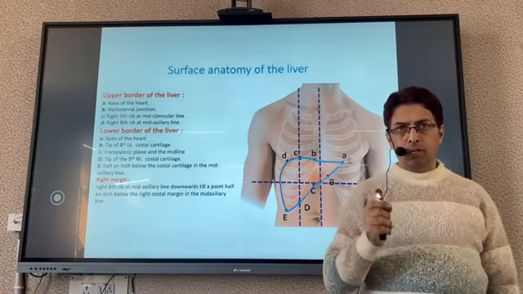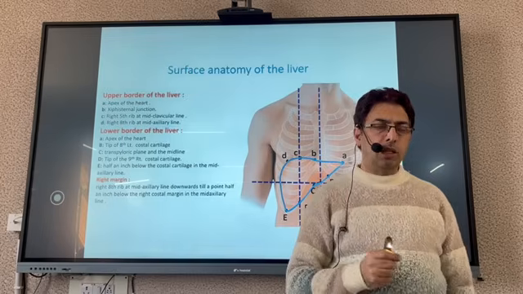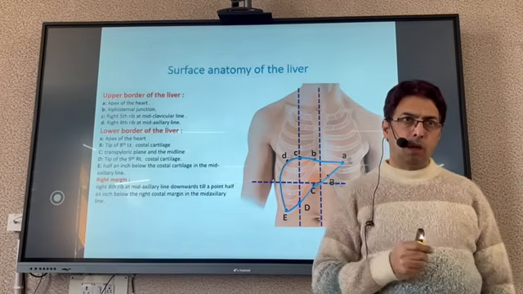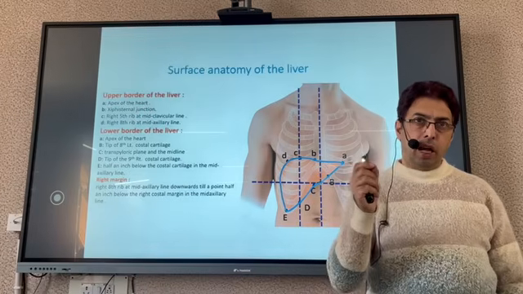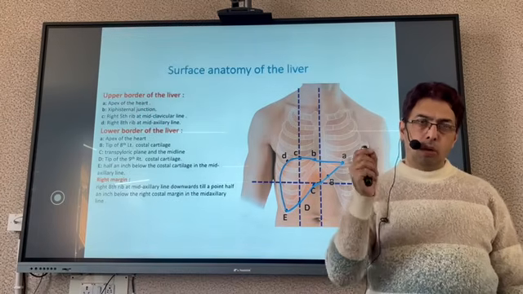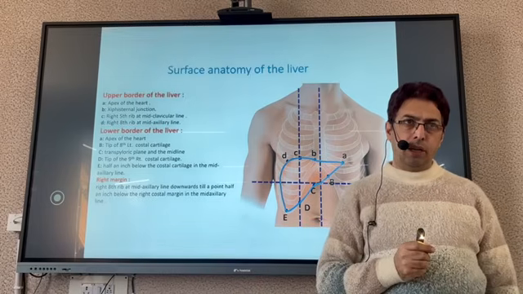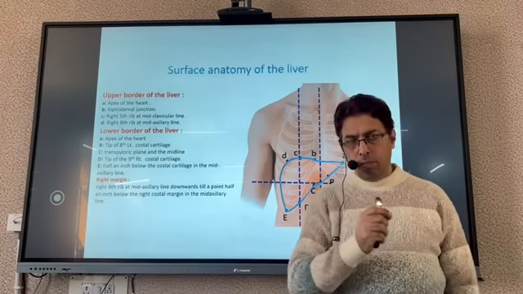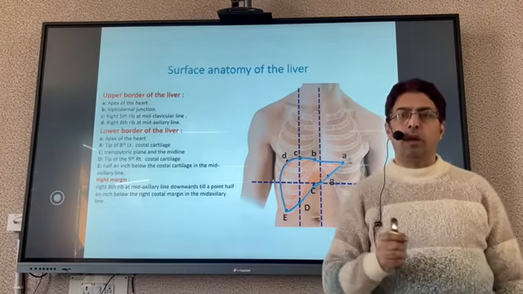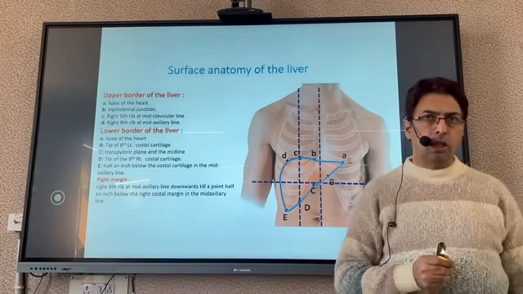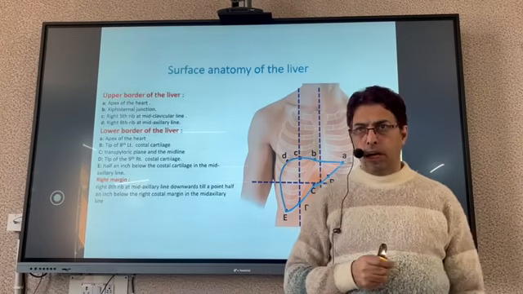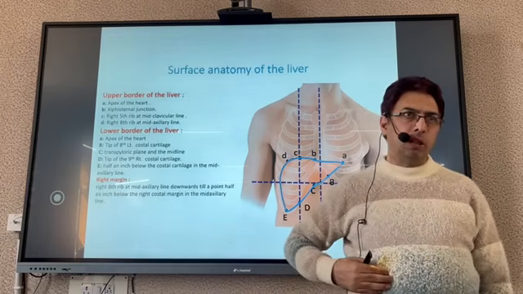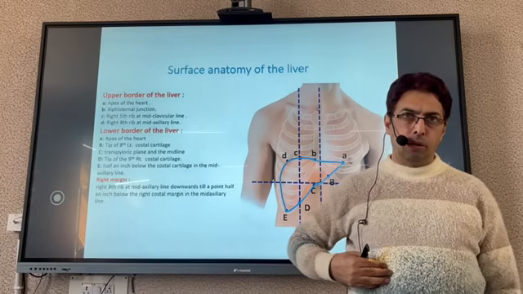The liver occupies usually a major part of the right hypochondrial area, a small part of the left hypochondrial area, a part of the epigastric area, and the umbilical area. Because the liver is a large organ, it spans a major portion of the abdomen, isn't it? So, for a layman, we can say the liver lies within the right upper quadrant predominantly.